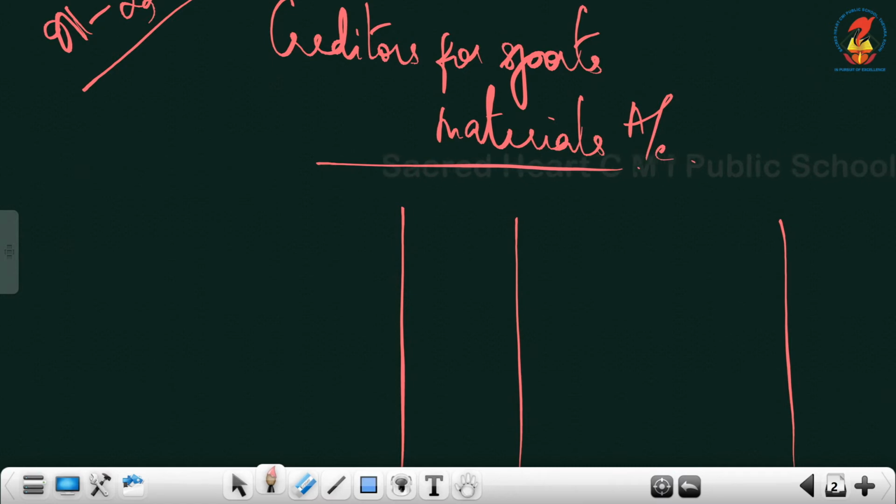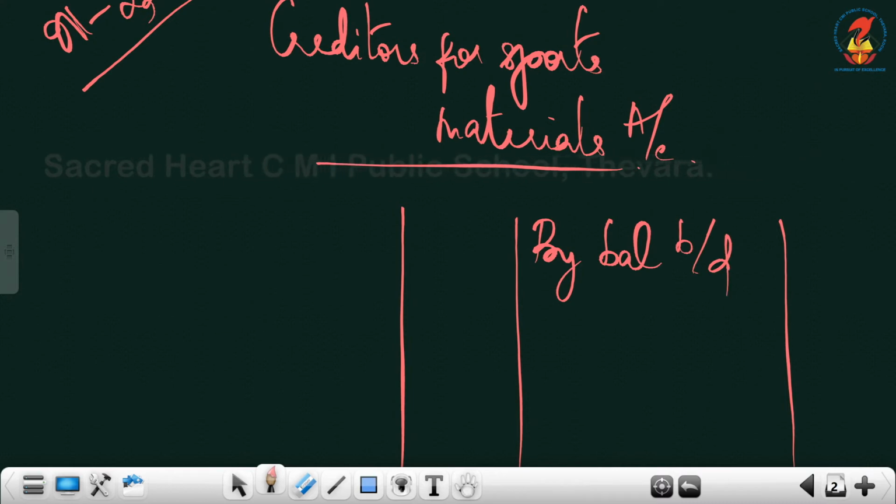Now we will start with the opening balance on the credit side. So by balance brought down, the opening balance, take it from the opening balance sheet, 1,20,000. Do we have any closing value for creditors? No, we have only the opening balance sheet given. So no closing value of creditors.